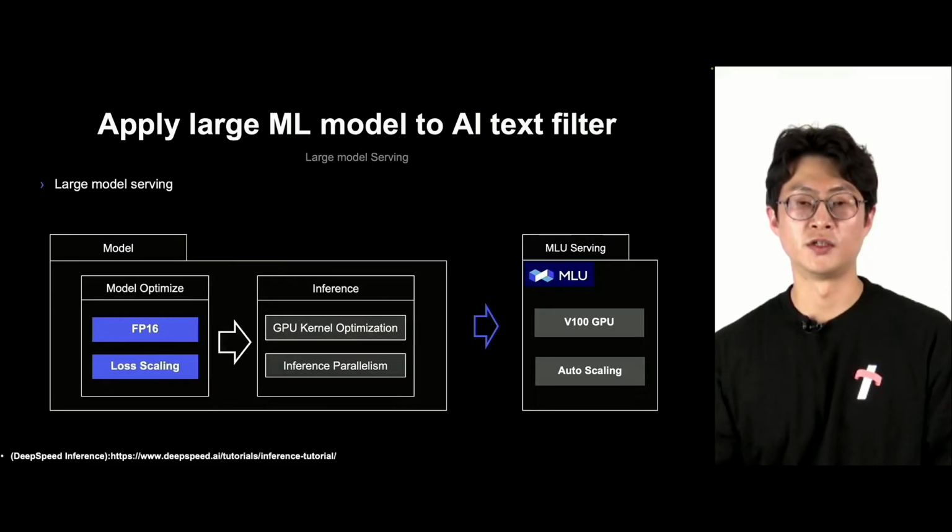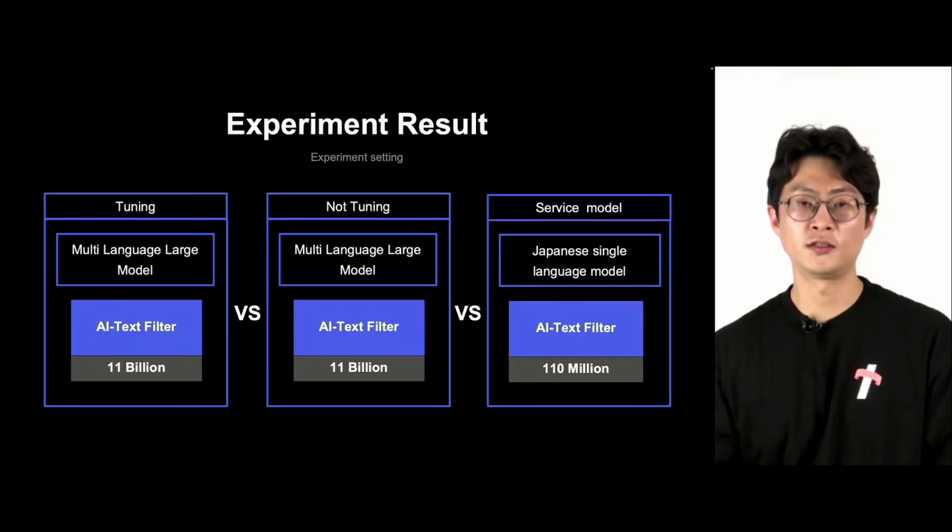So the experiment result, I'd like to go over that with you. There are three models that we need to compare. One is the multi-language large model with the tuned algorithm, the multi-language large model without tuning, and lastly, the current AI text filter model in service.